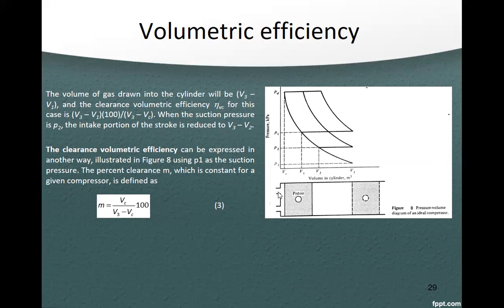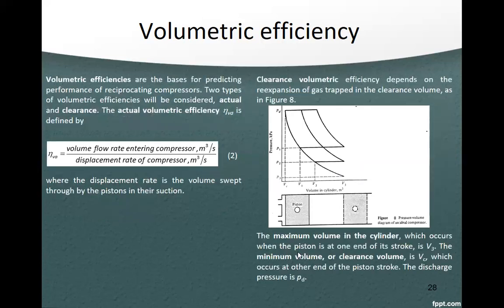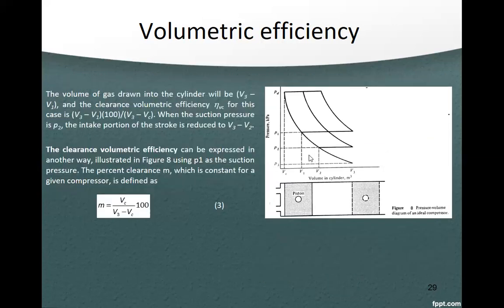Diba? Ang clearance mo. Ito operating mo ito lang. So, dito lang P2, P1. Ito naman is yung discharge pressure. So, when the suction pressure is P2, the intake portion of the stroke is reduced to V3 minus V2.